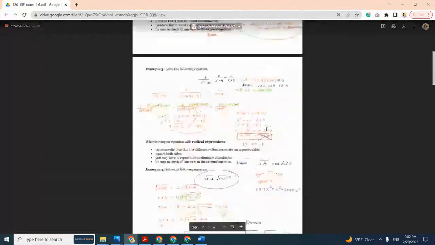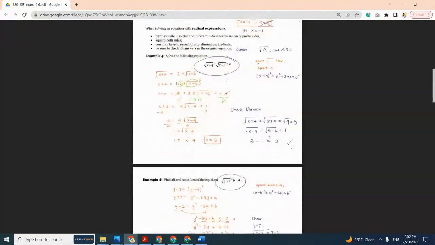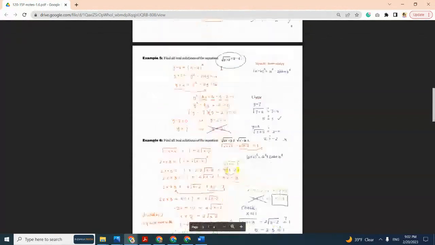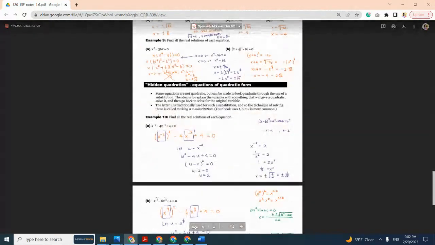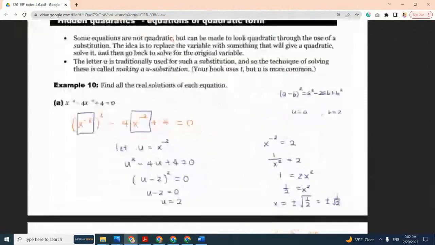So this is 1.6. We talk about how to solve equations involving rational expressions, radical expressions, and absolute values. And then here at the bottom, hidden quadratic. If you recognize some term is the square of some other terms, then you make a u substitution.